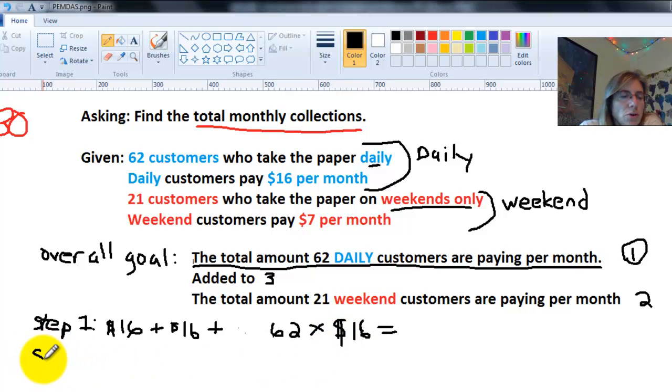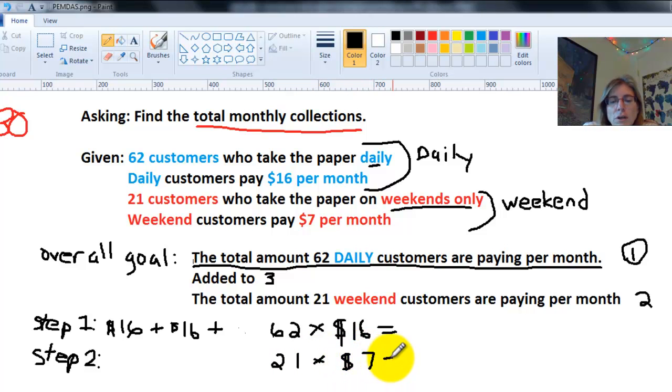And step 2 is we're going to sort out what's the total he collected from the 21 customers that only get a weekend paper. Those people pay $7 per month. So we'll have to calculate for 21 people, each person gave him $7.